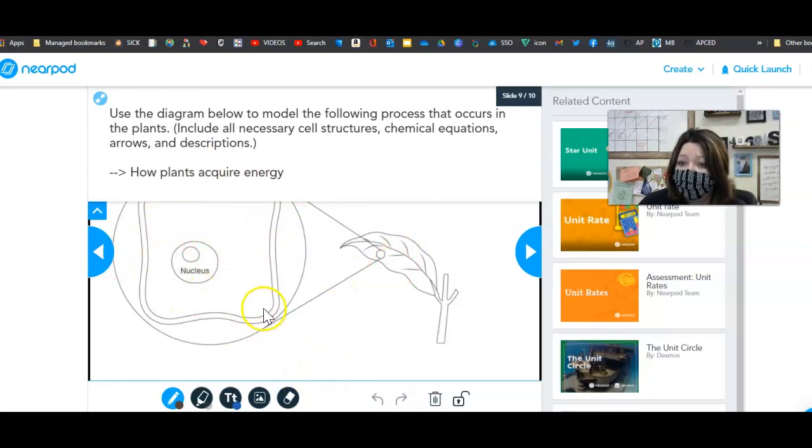They should be drawn here. What equations have we been talking about? Products, reactants. We talked about a lot of things that a plant has to go through in order to get chemical energy, right? And it's not just photosynthesis. Some of you did a really nice job describing how photosynthesis happens here, but that's not the only process. Even if a plant just went through that, they can't use glucose to do, remember the cell's currency. What does the plant have to do?